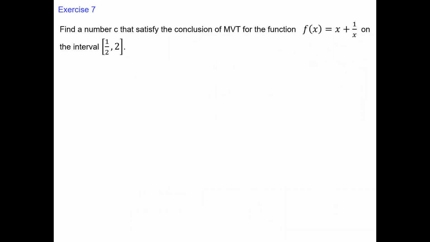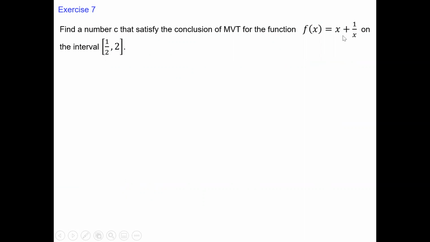Find the number C that satisfies the conclusion of the mean value theorem for the function x plus 1 over x on the interval 1/2 to 2. Okay, I didn't type this one, that means we can go a little bit slower. You can pause the video and try to solve it on your own and then compare the answer. X plus 1 over x.